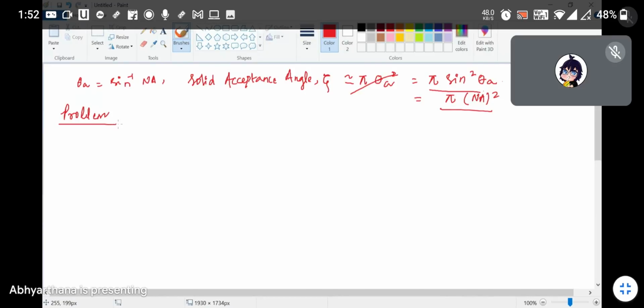The problem is: a typical relative refractive index difference of an optical fiber designed for long distance communication is given as 1%.